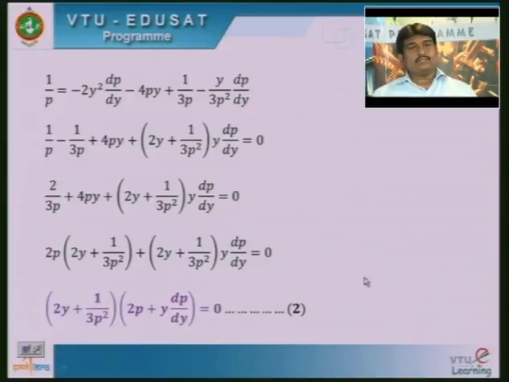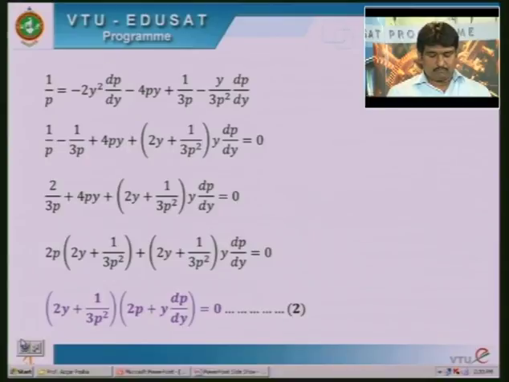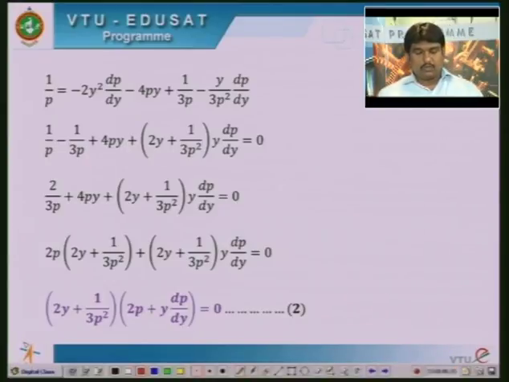Now simplify this. We get 1/p = -2y² dp/dy - 4py + 1/3p - y/3p² dp/dy.